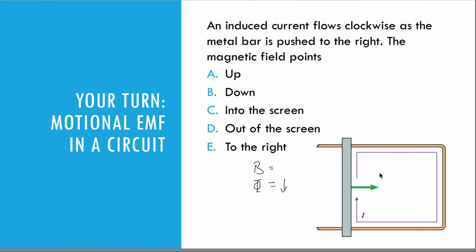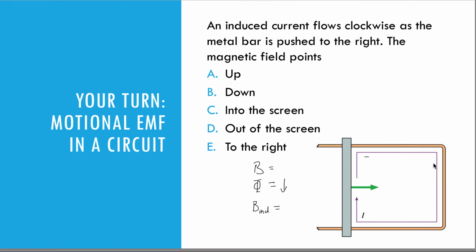It's decreasing because as the bar moves to the right, the size of the loop is getting smaller. There's an external field all throughout here, but if the loop is getting smaller, there's less and less field going through it. So we know that the induced field is going to be in the same direction as the applied field when the flux is decreasing.